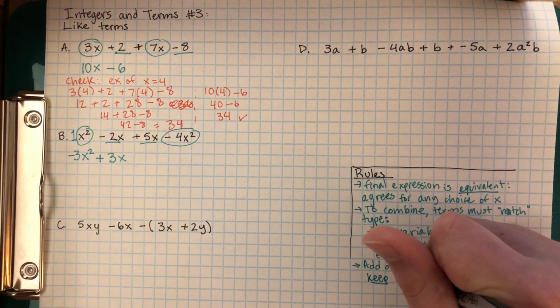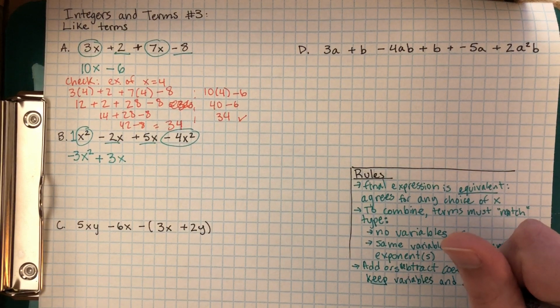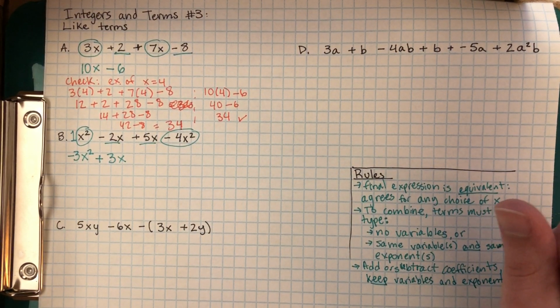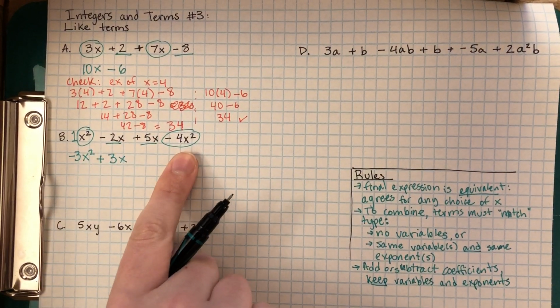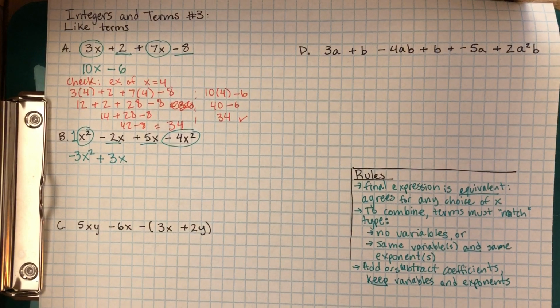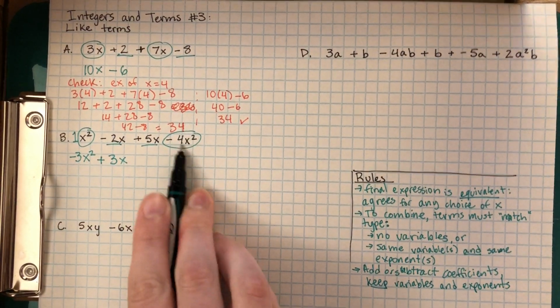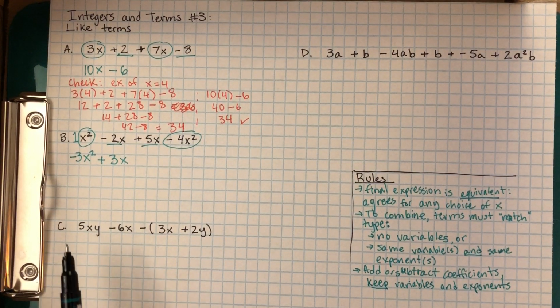We don't combine them or anything like that. We match them and we keep them. So we look for matches based on the variables and exponents that we see. We combine those coefficients together, these numbers in front, and we keep these variable parts the same. So let's look at an example that has more than one variable.